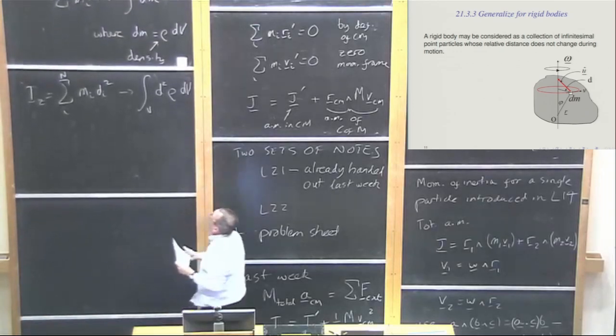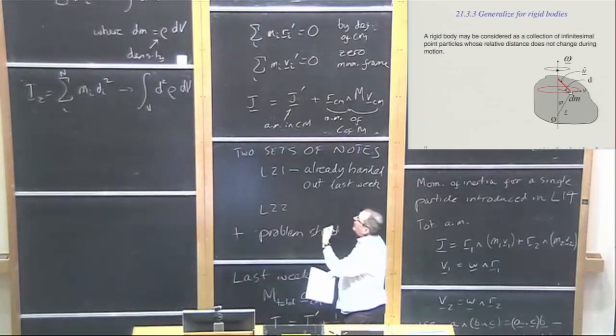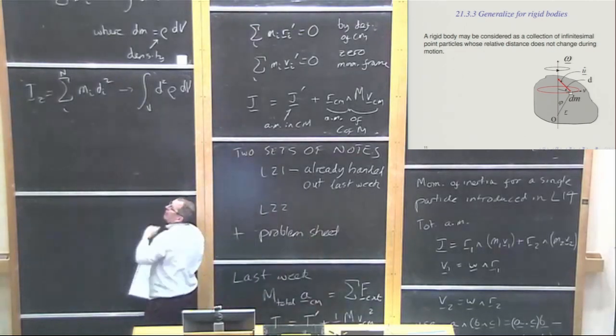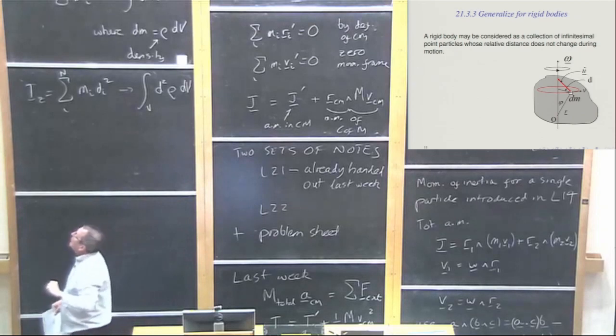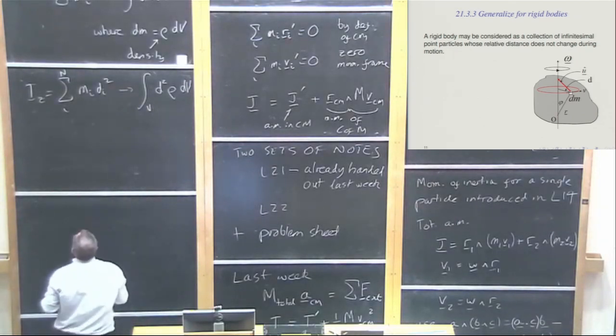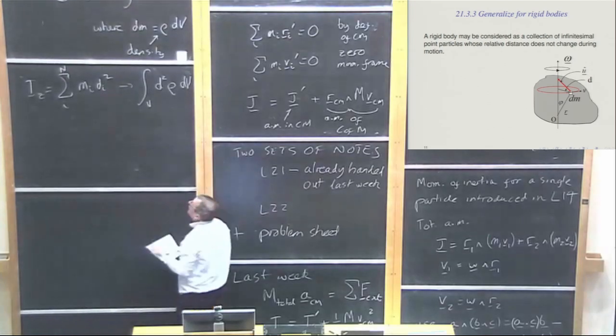Okay, so that sort of is our blueprint for evaluating the moment of inertia for a continuous body, and we will get some practice in doing just that rather shortly.